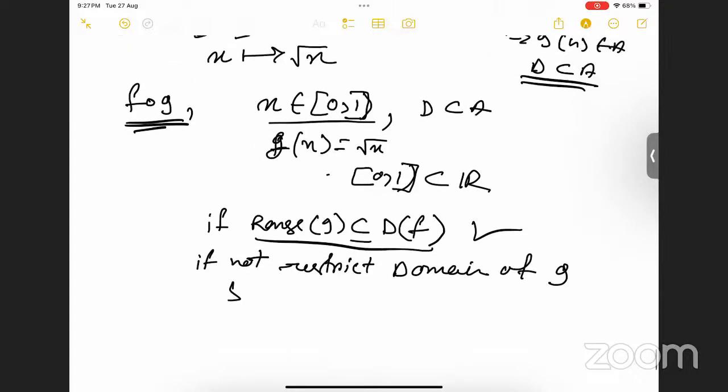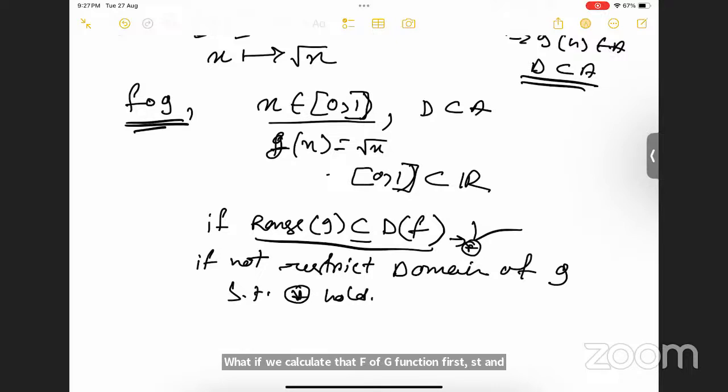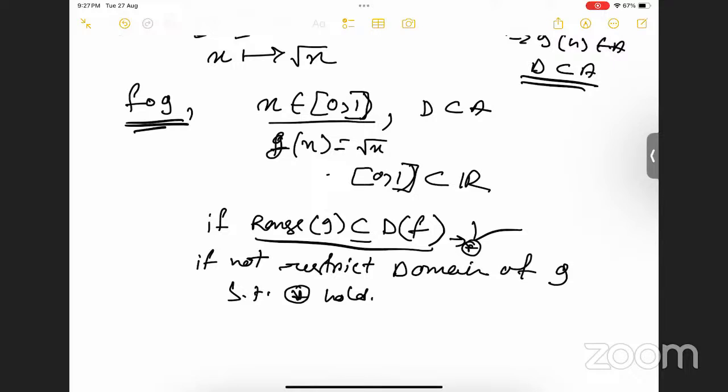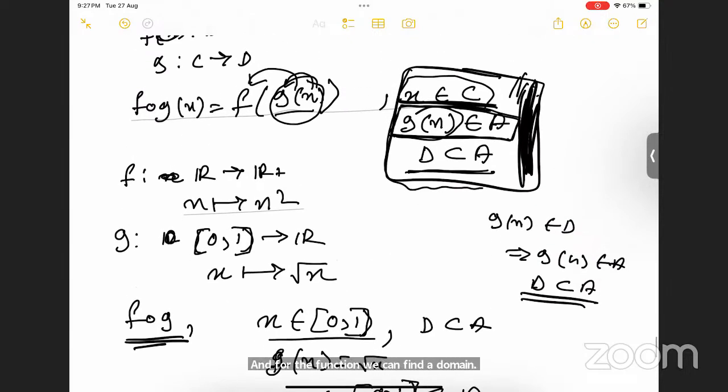Ma'am, what if we calculate that f of g complete function first, and then we try to find the domain, then what will happen? Yeah, that is what we can also do. We can compute f of g, then we will get some function, and for that function we can find the domain. You have to keep this formula in your mind.